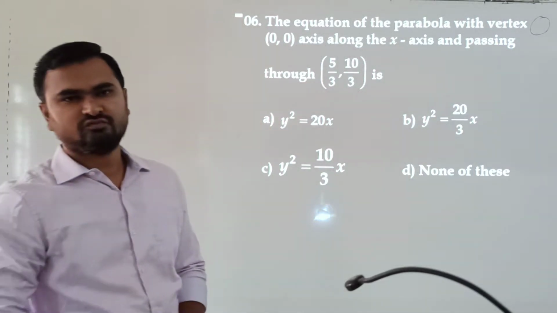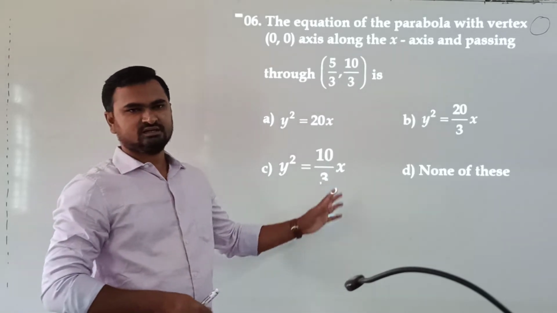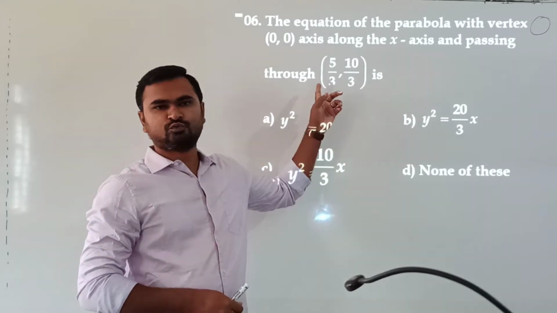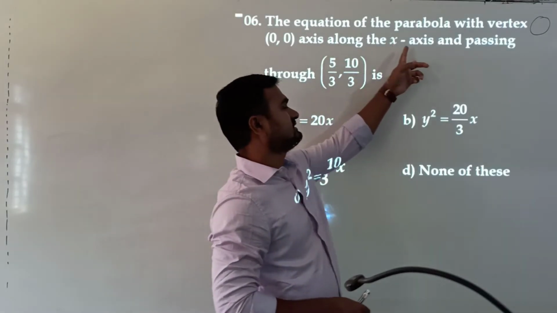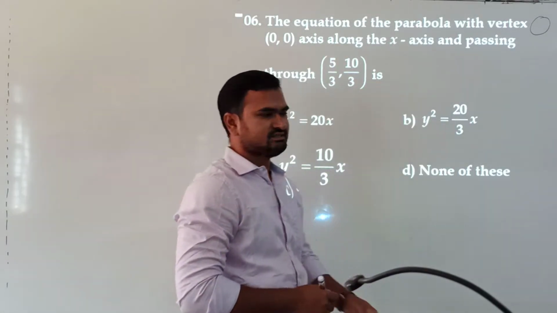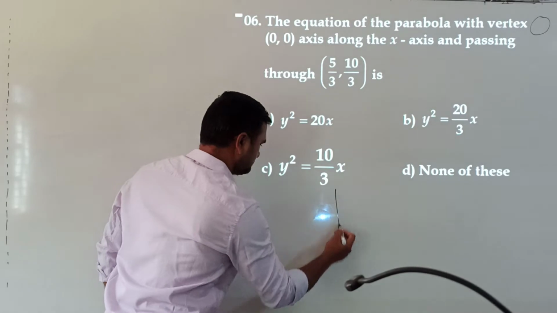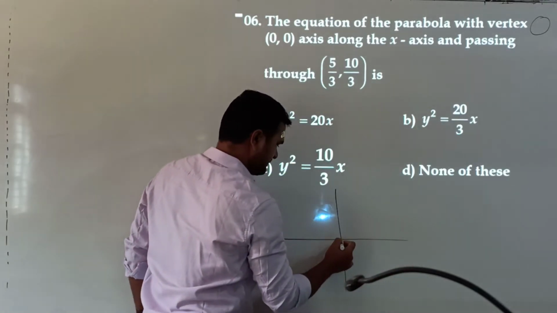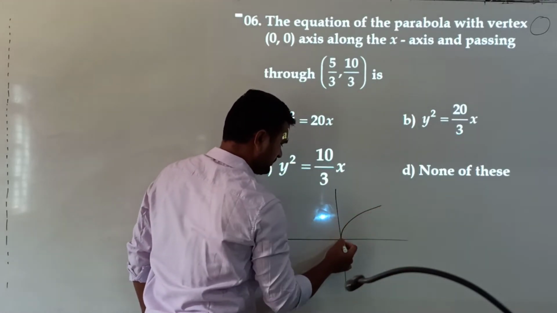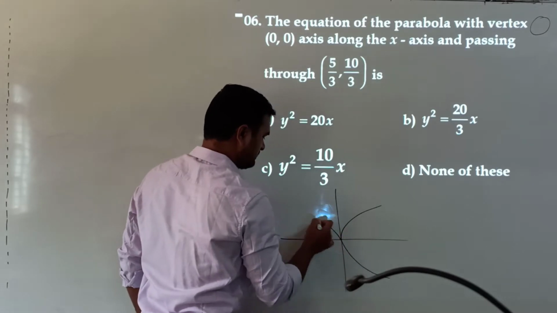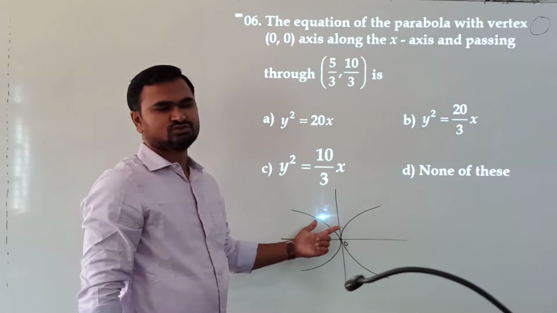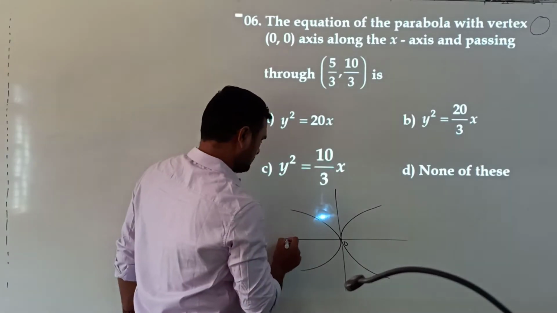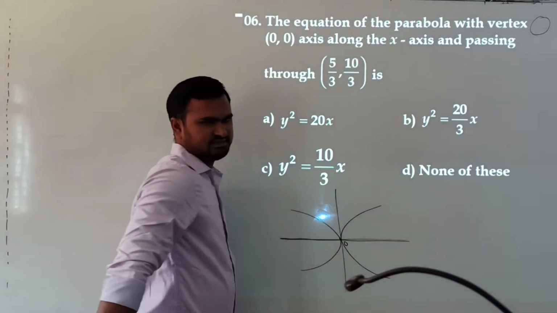We studied 4 standard forms of parabolas: right sided, left sided, upward and downward parabolas. Now here the axis is along the x-axis, so it may be a right sided or left sided parabola. One of these two is required.